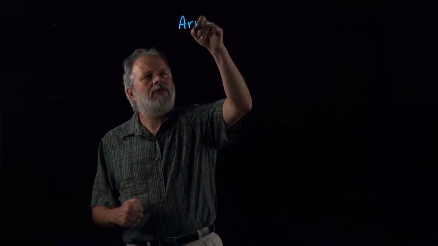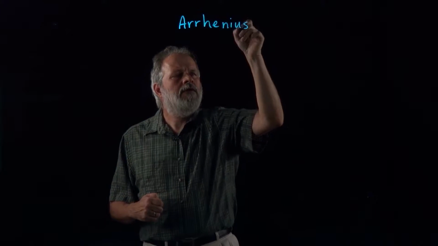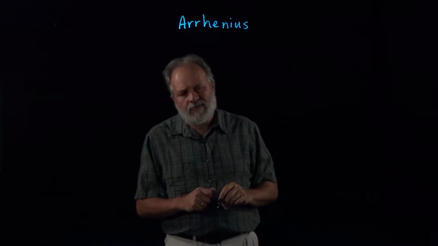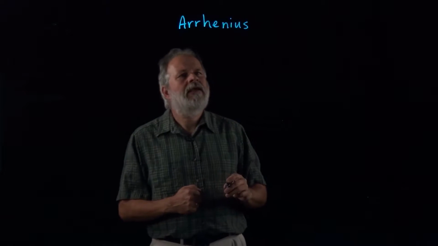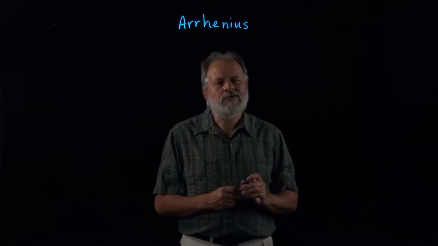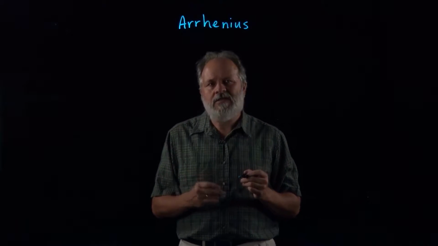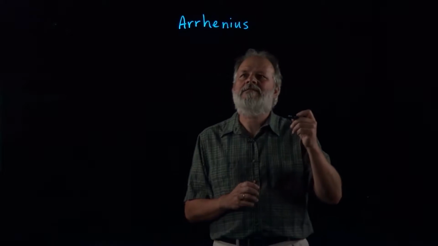Okay, so the person who came up with the equation we're going to use, his name was Arrhenius, and he was actually the first person to kind of quantitatively predict how much global warming you should expect from carbon dioxide as a greenhouse gas.